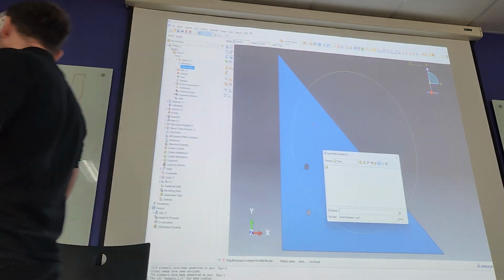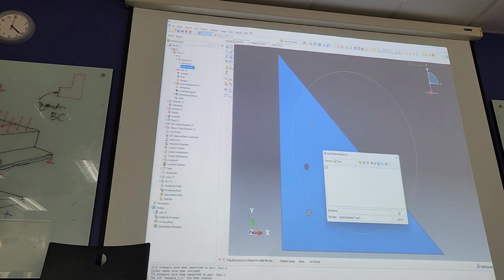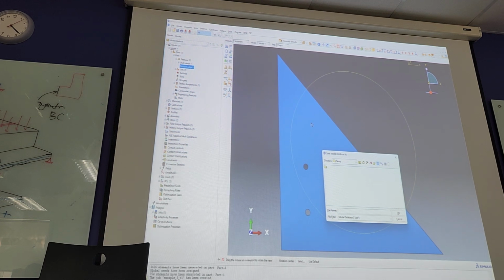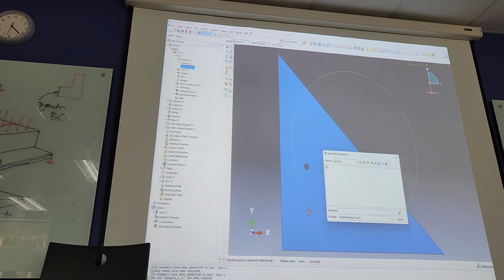A comment here which makes lots of sense: to use symmetry, we have to have three things symmetric: geometry, load, and boundary conditions. Only if all three of them are symmetric can you use symmetry. In this case, we do have that. We've got the same boundary condition, the same symmetric load, and symmetric geometry, so it's full symmetry there.